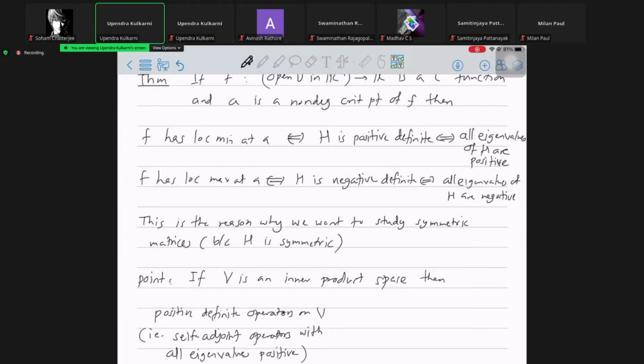We know they are real anyway because the operator is self-adjoint, but they should all be positive.